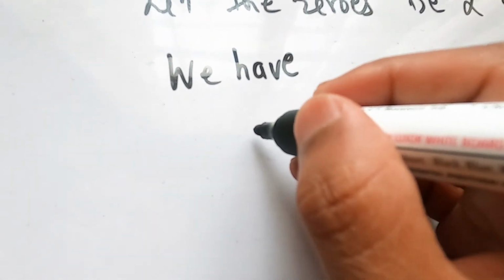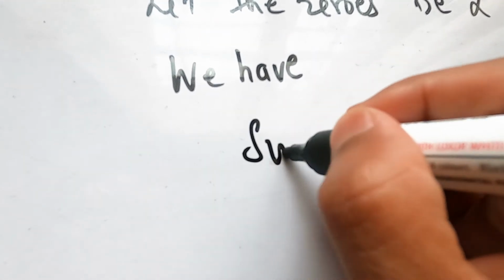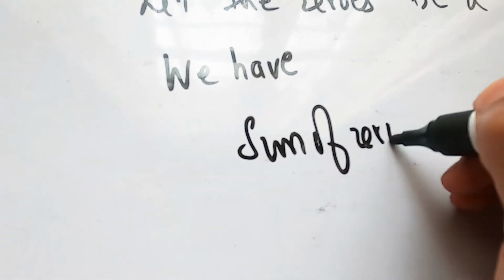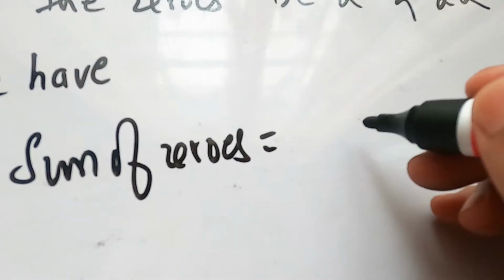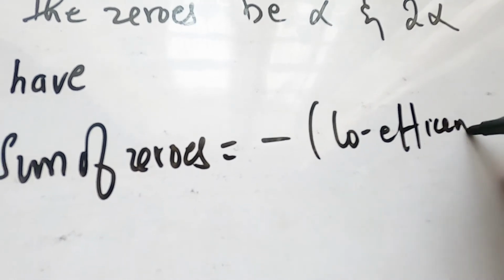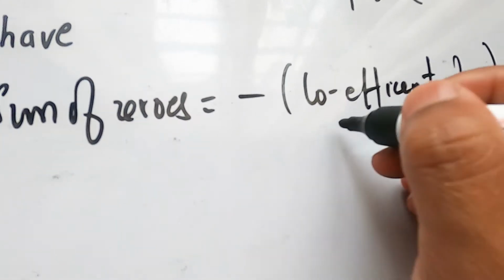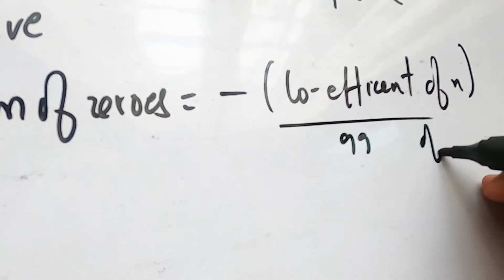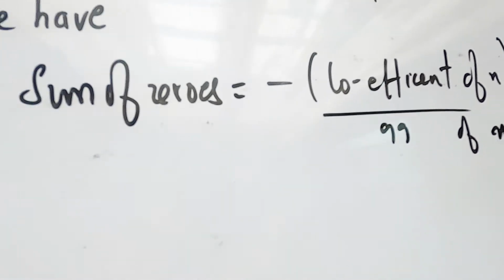So we have sum of zeros is equal to minus coefficient of x by coefficient of x square.